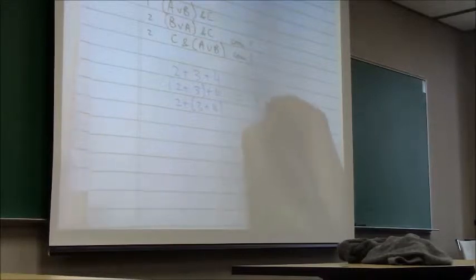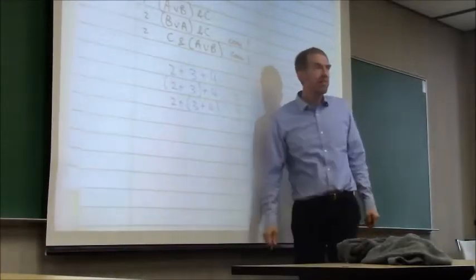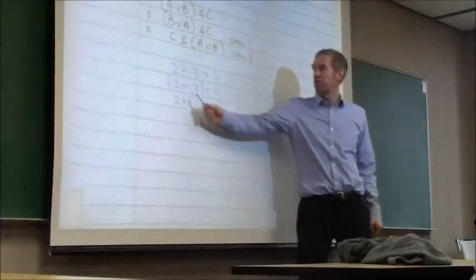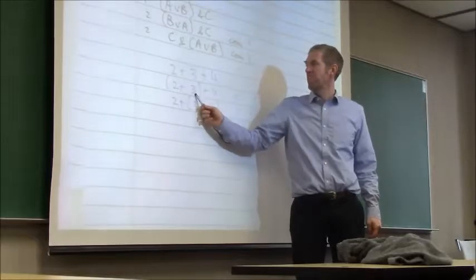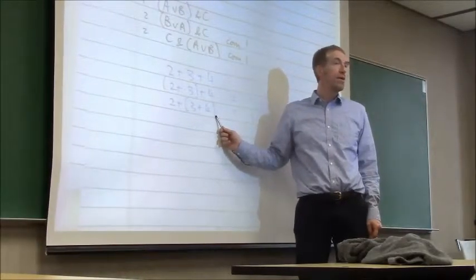Not even slightly, because this equals 5 plus 4, which equals 9, whereas this equals 2 plus 7, which equals 9. So in other words, when I have two pluses, it doesn't matter where I put the parentheses. Something where the parentheses are here is equivalent to something where the parentheses are here.